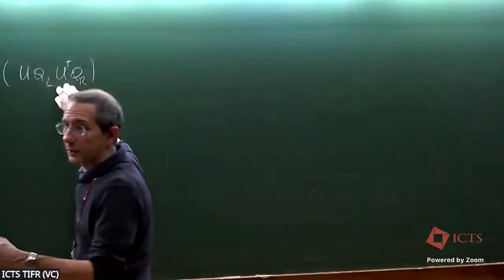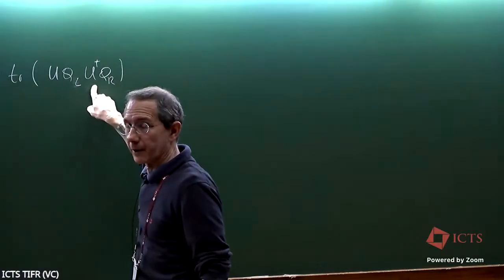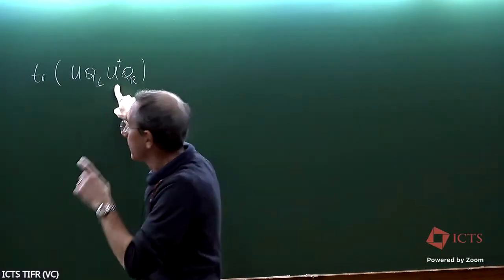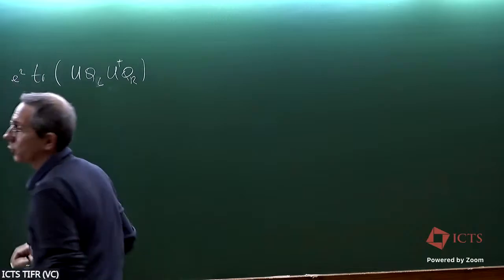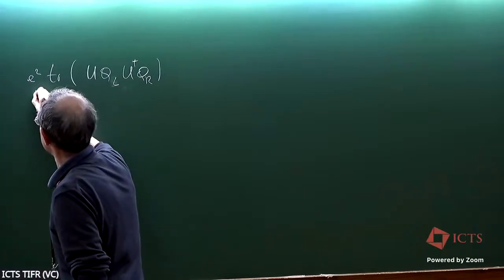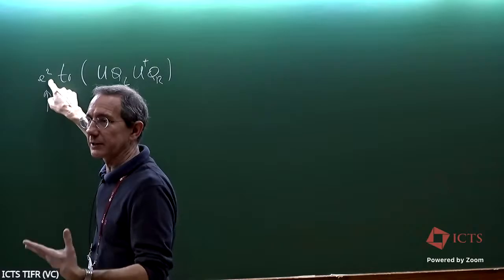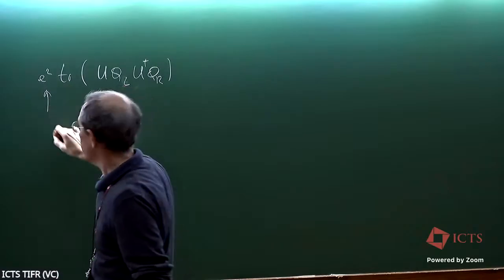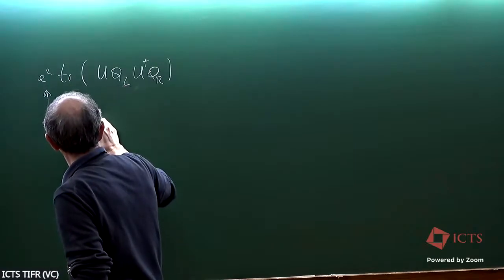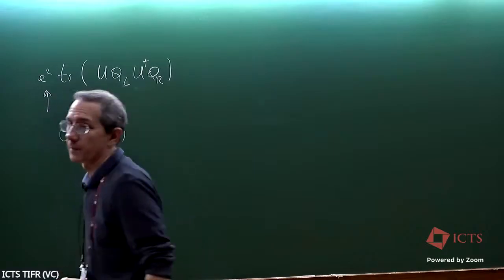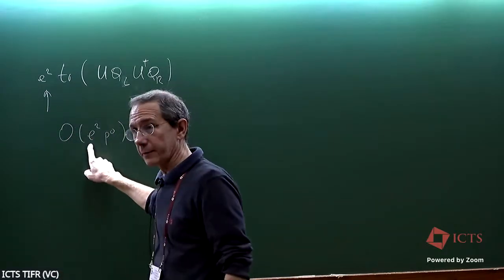this operator, right? This operator has no derivative, but then you put e squared. So actually what gives you the counting, in a sense, you forget, is e squared. So this operator we call O(e^2 p^0). There is no momentum, but there is e squared.